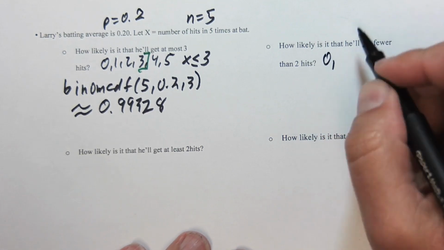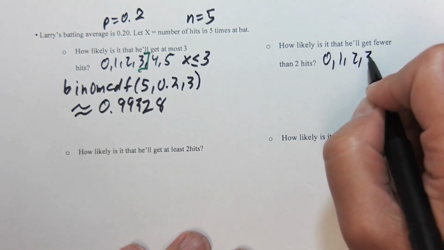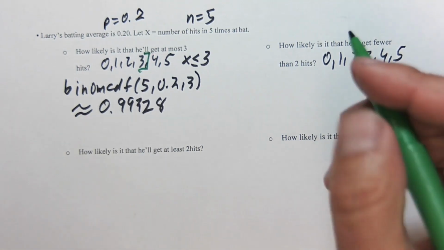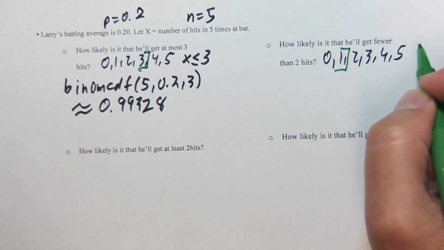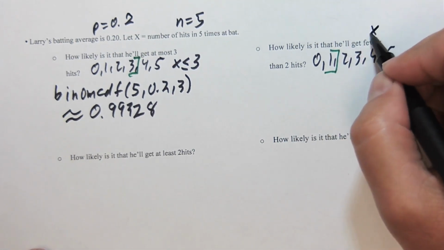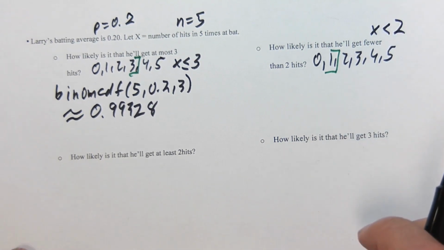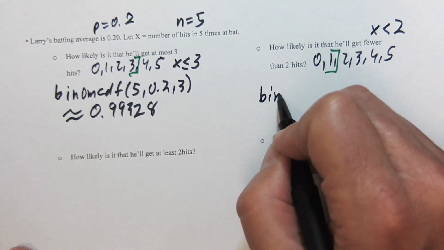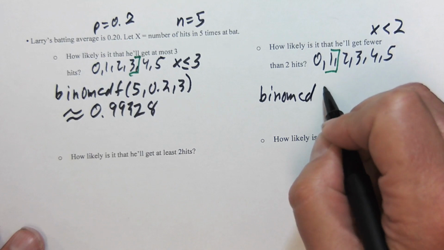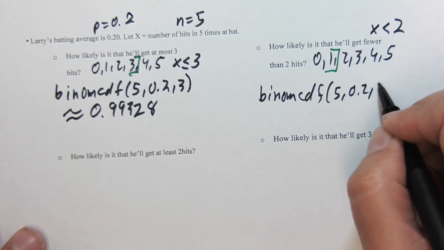How likely is it that he'll get fewer than 2 hits? So 0, 1, 2, 3, 4, 5. So fewer than 2 hits means 1 and down. This means that X is strictly less than 2. Binom CDF, this is 5, 0.2, and 1.